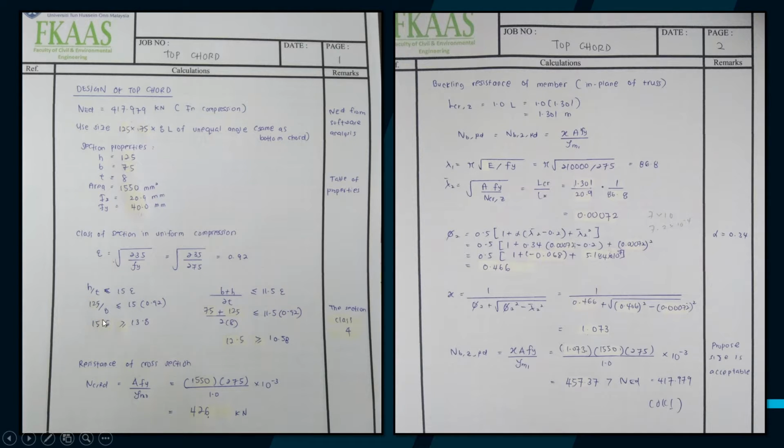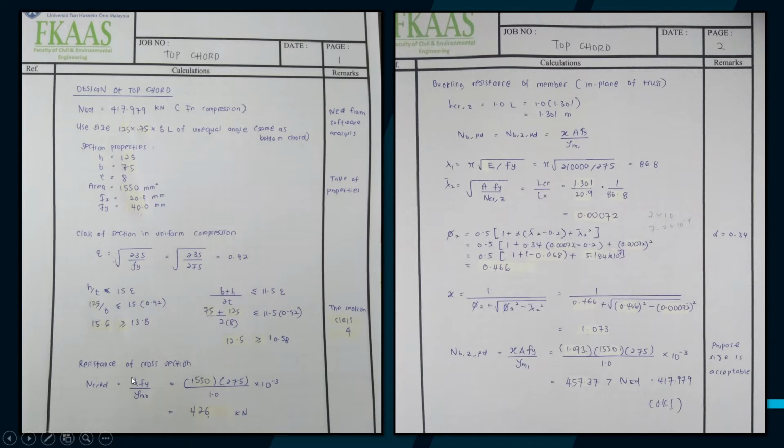So we can get H over T is 15.6, which is greater than 13.8. Also B plus H over 2T is less than 11.5 epsilon, and we get 12.5 greater than 10.58. So the section class is 4.